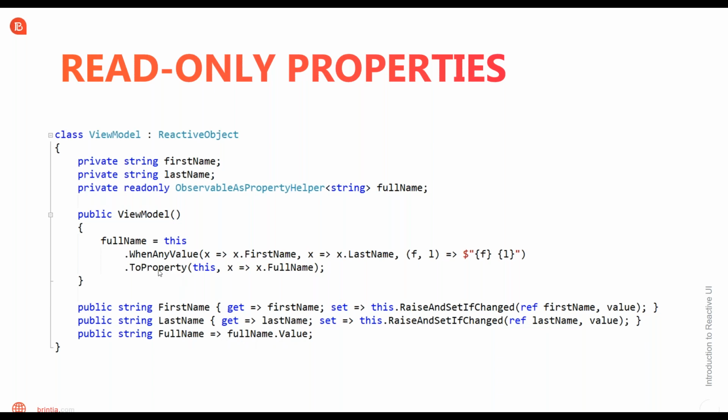Because the ToProperty is creating this mechanism to propagate the change. It's like a helper that is called in Reactive UI ObservableAsPropertyHelper, and it is of type string, and this is defined like this. The result of the ToProperty is an ObservableAsPropertyHelper.